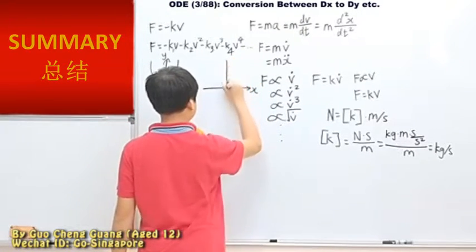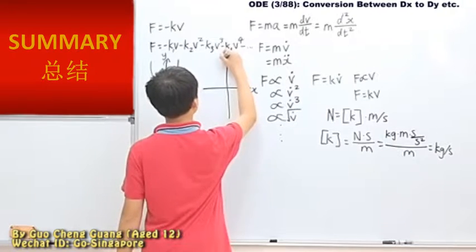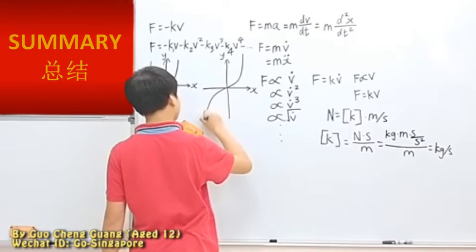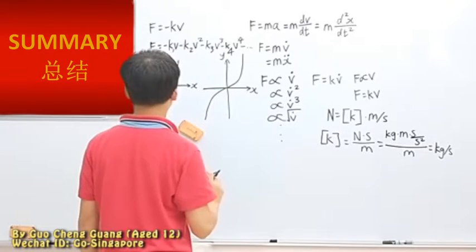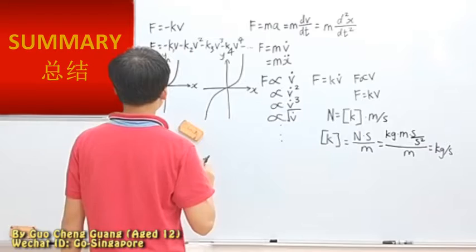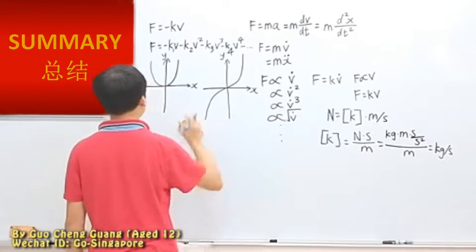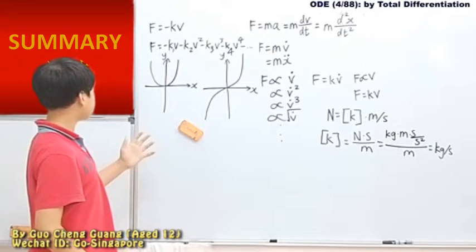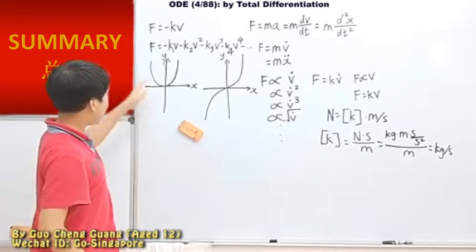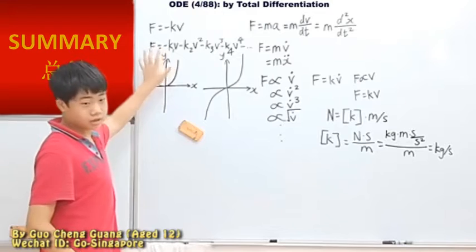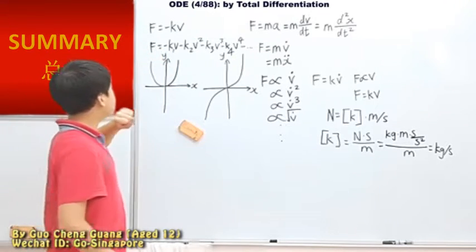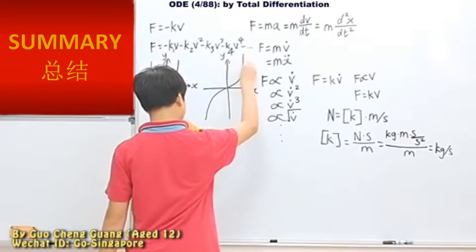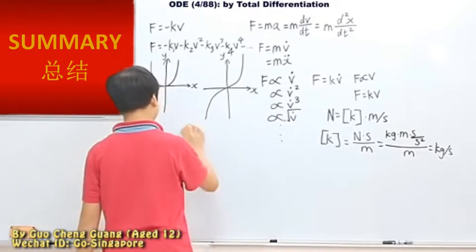Let's see about this. v cubed will be like this. What's so different about them? If this is a square, or just any even power, then for y you only have this positive part. But if these are odd, then for y you can have a positive part and a negative part.